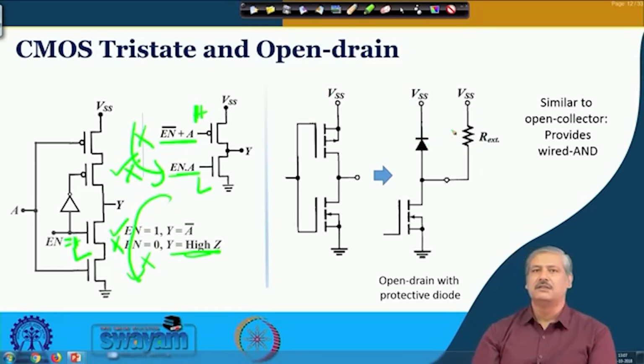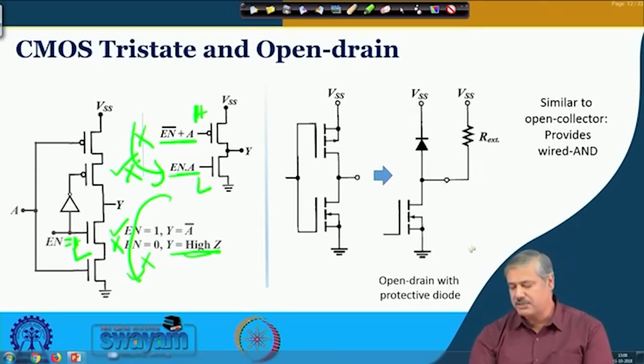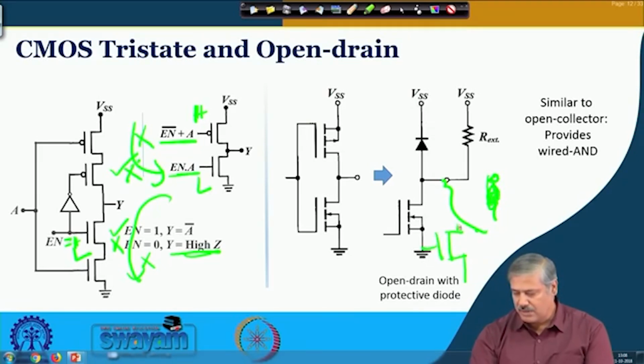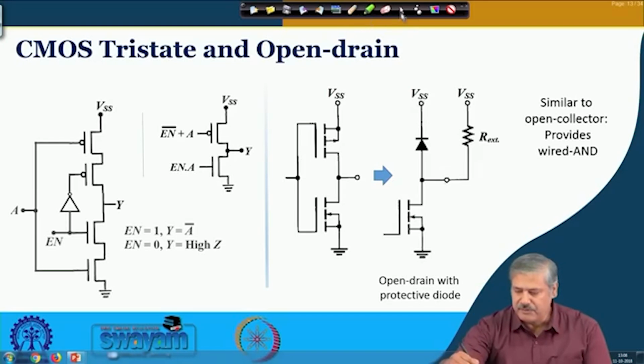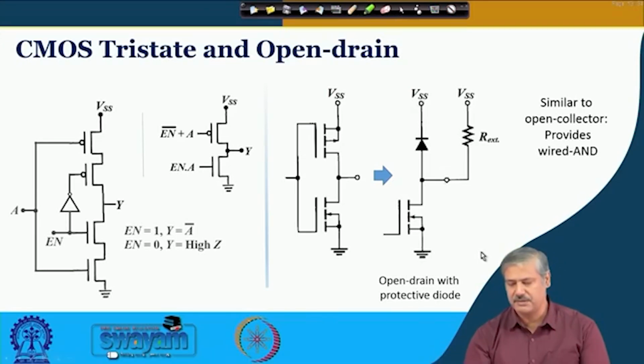In CMOS circuits, these protective diodes are there in input stages as well to avoid surges, okay, because static voltage is a very problematic thing in CMOS based circuits. And when another such circuit is connected over here, okay, then the logic together is providing wired AND, similar to open collector. So, this is what we take note of from this particular discussion.